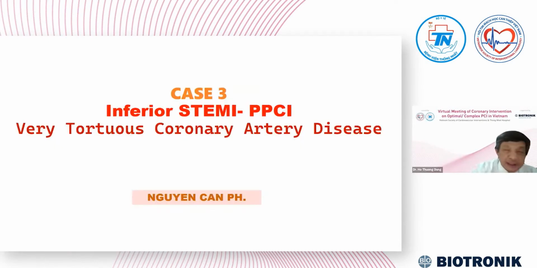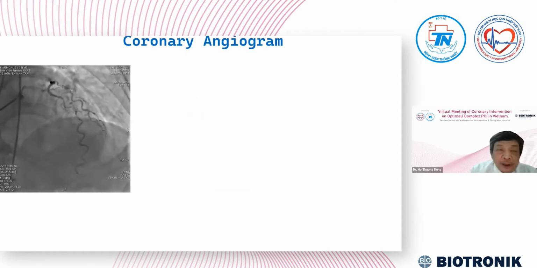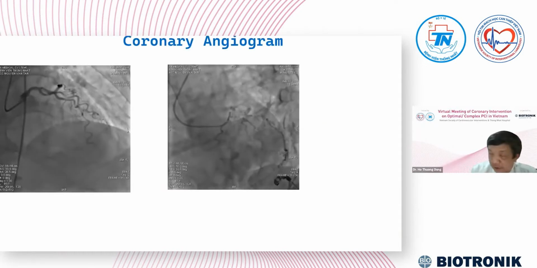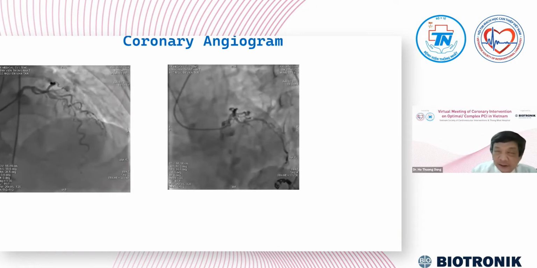The third case, case number 3, tortuous in the acute setting, acute STEMI, inferior STEMI, primary PCI. First, you can see the left coronary artery is very tortuous, but the culprit lesion is not here.